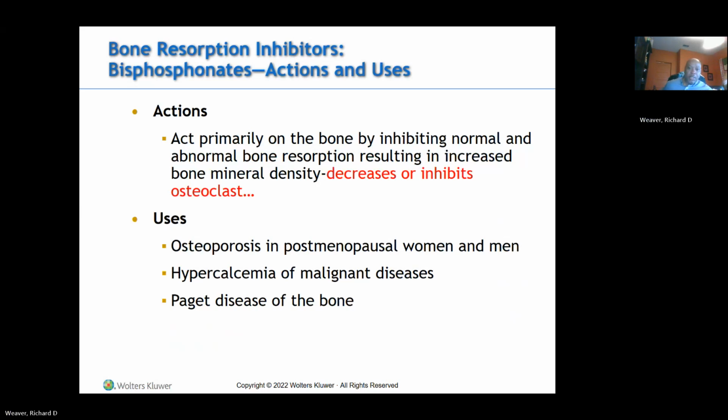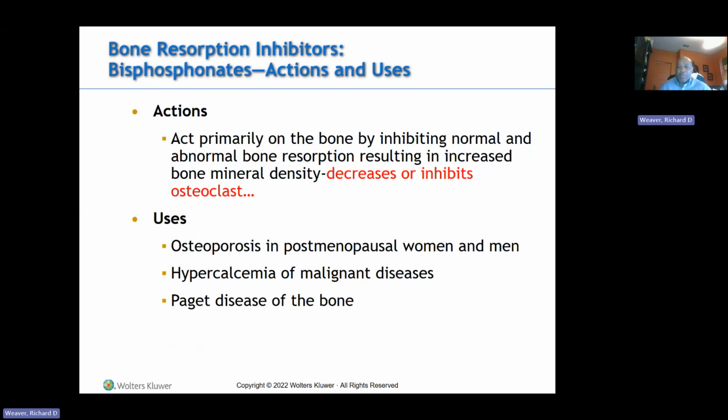So by reducing the osteoclast activity, the drug bisphosphonates lowers the amount of calcium that is released from the bones, thereby helping to decrease the high serum calcium levels.